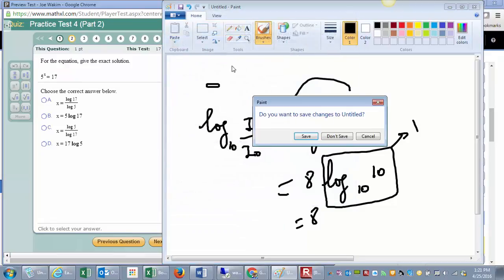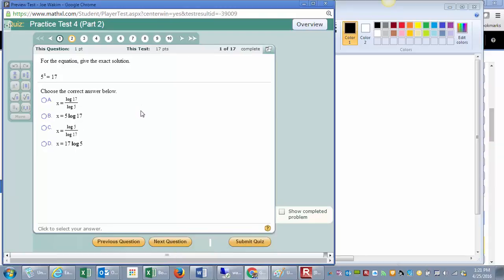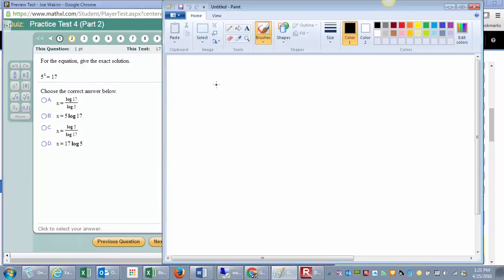On number 2, we have to find the equation, give the exact solution. So we want to find the equation in terms of log. Again, we use the formula a to the y equals x is equivalent to y equals log of x base a.